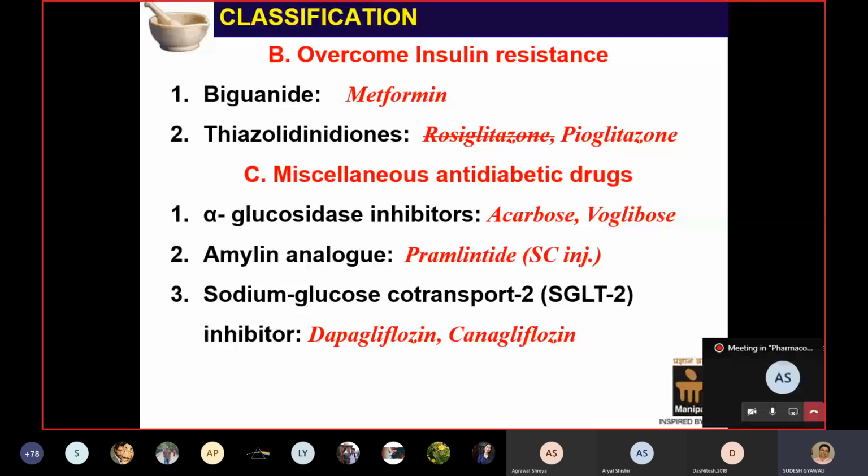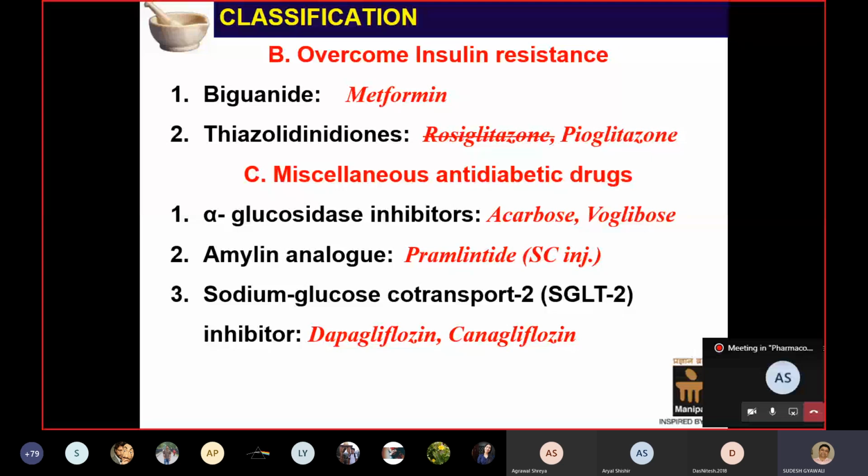So these are some of the very, very important ones from an examination point of view, okay, got it? Now let us go in a sequence, okay. It doesn't mean that the drugs which we discuss earlier are more important. I have already said metformin is very important, then comes the sulfonylurea, then the other ones, okay.